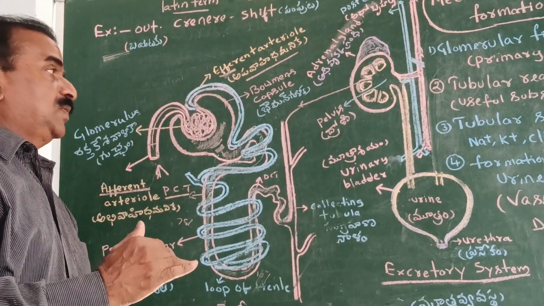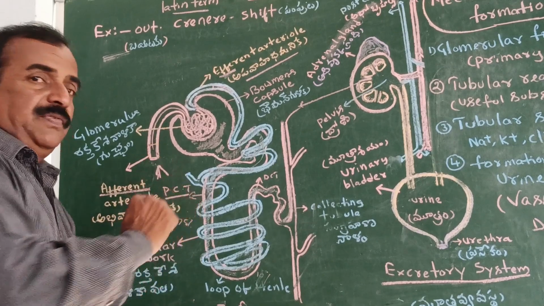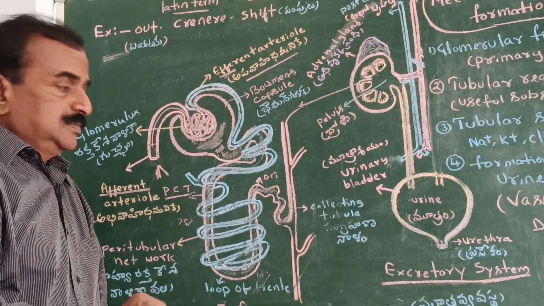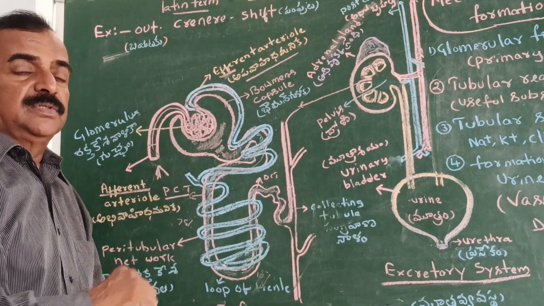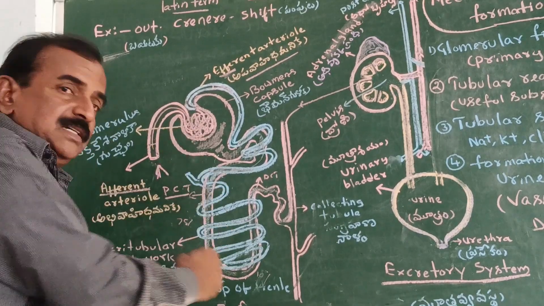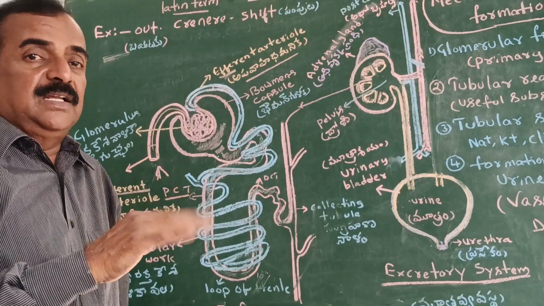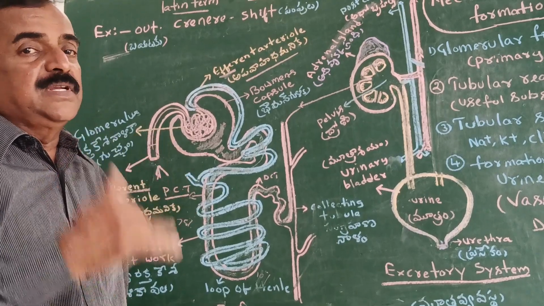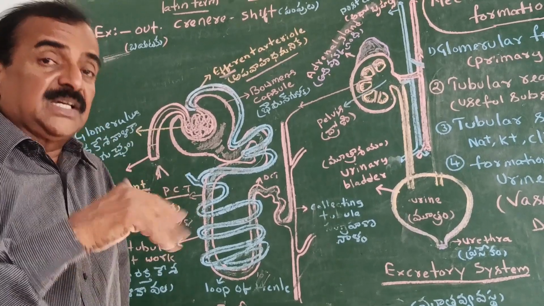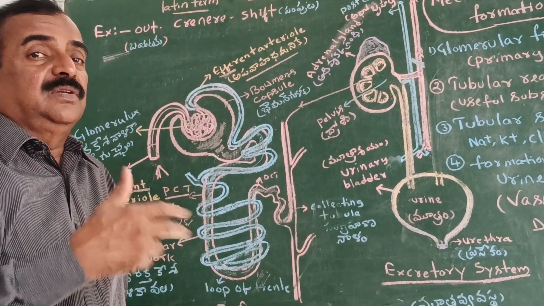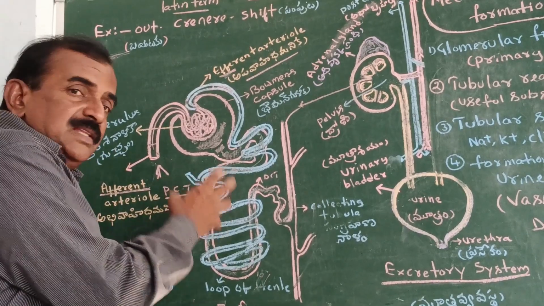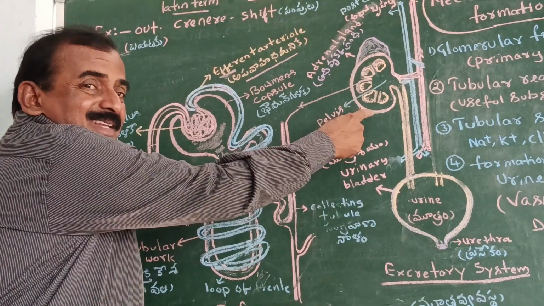We already discussed the structure of the nephron, the structure of uriniferous tubules, and this is the nephron. Nephrons are called the structural and functional units of the kidney.